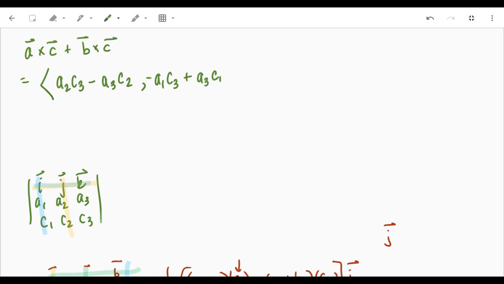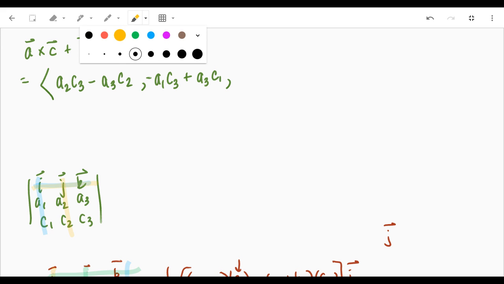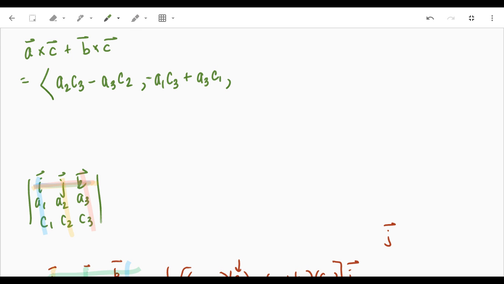Okay, and then for the K, I will have A1C2 minus A2C1.